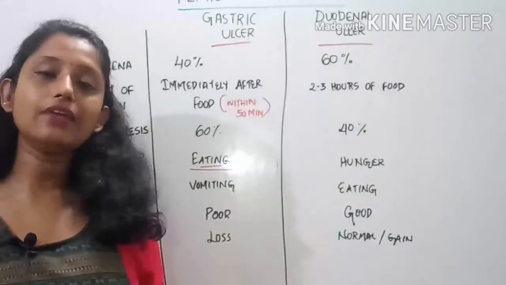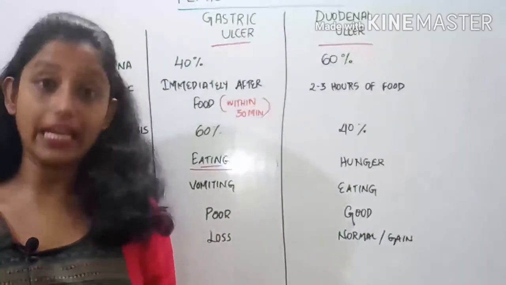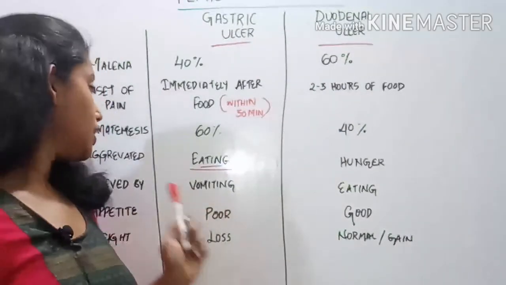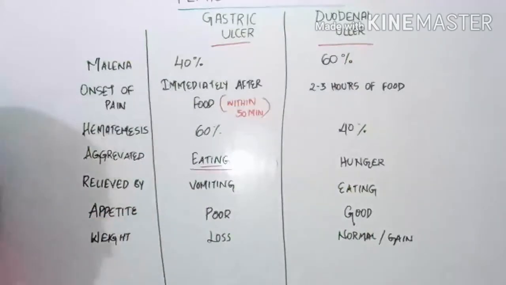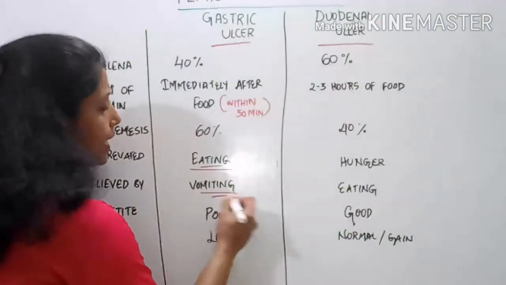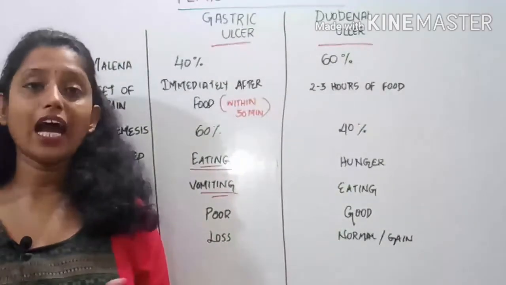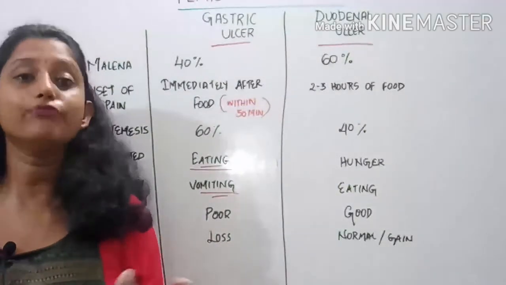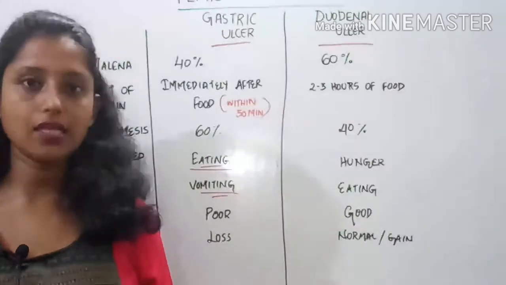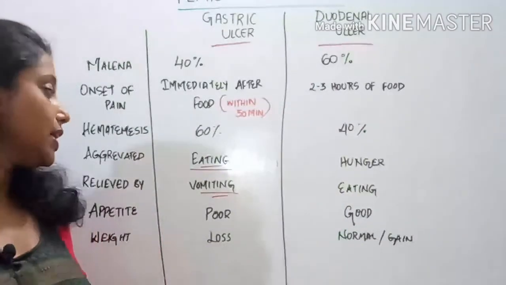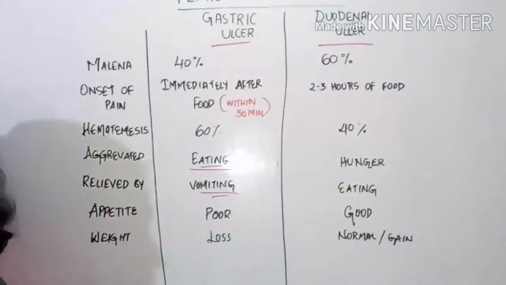So this can result in loss of weight, and this particular pain is relieved by vomiting. Because of this, the patient can have more and more loss of fluid as well as electrolytes. So the patient becomes weaker in case of gastric ulcer than duodenal ulcer.